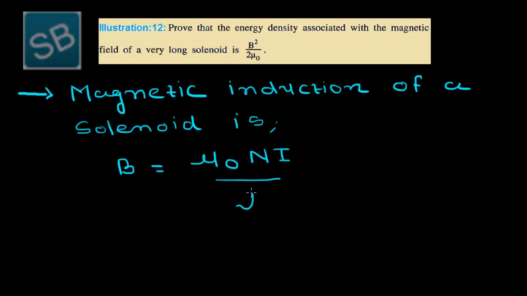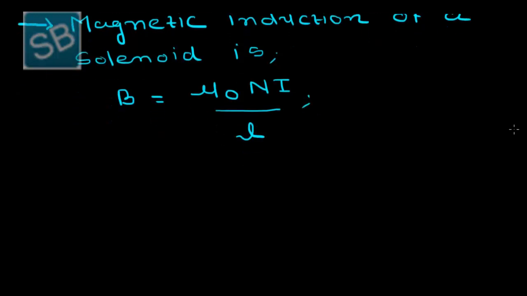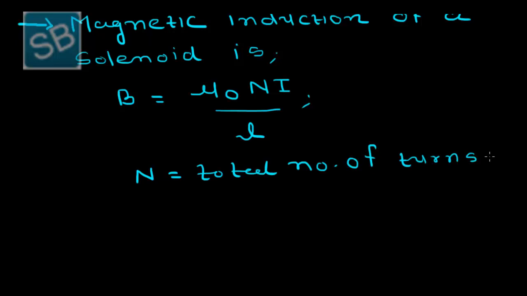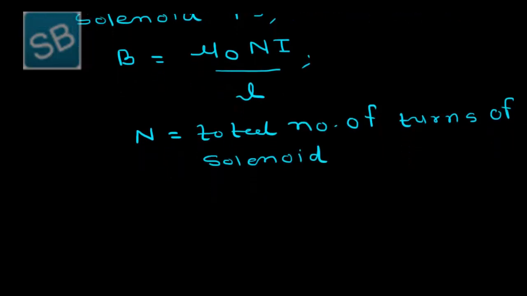divided by small l, where N is the total number of turns of solenoid. Mu 0 is the permeability of free space.